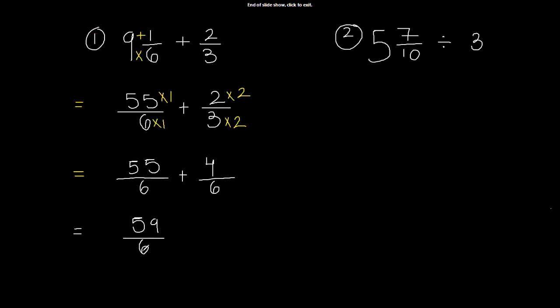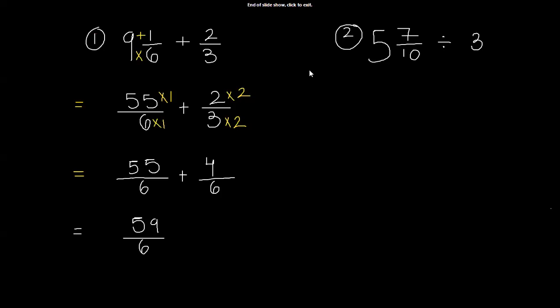And we're done, right? We're finished with 59 over 6? Is that true or no? No, it can be reduced lower. We can't simplify it, so what do we have to do?